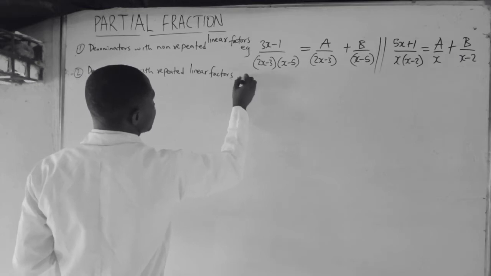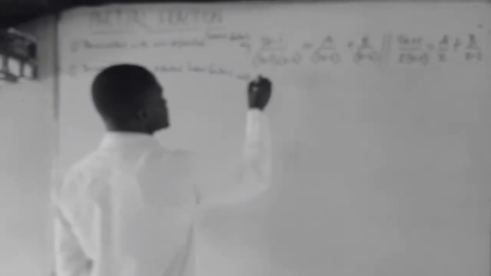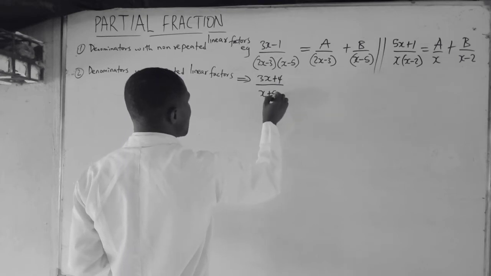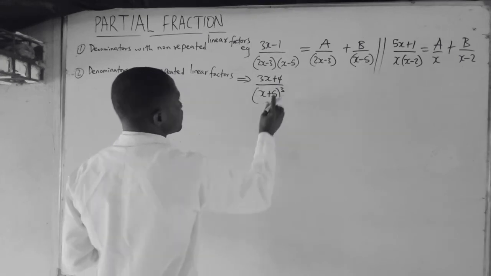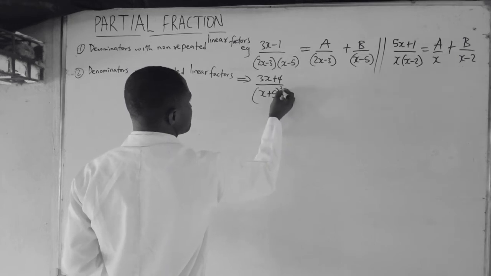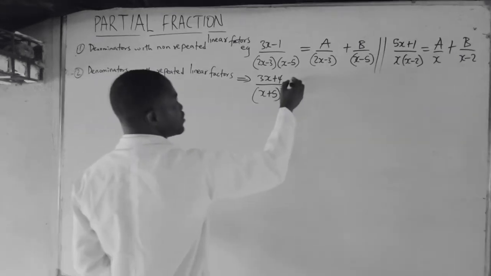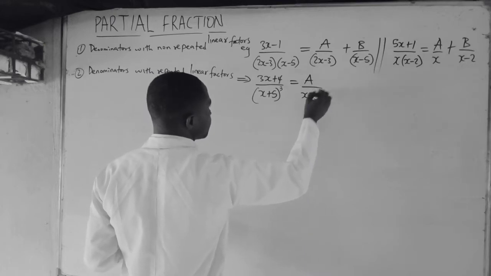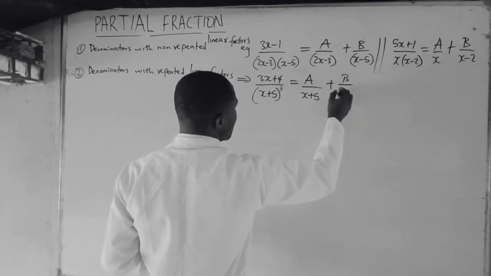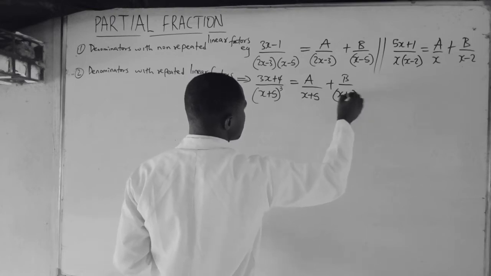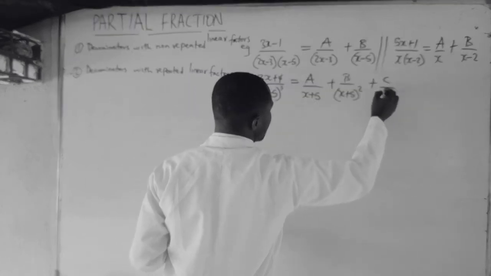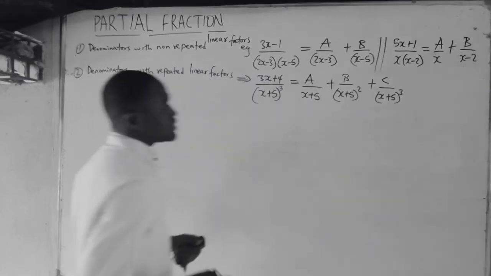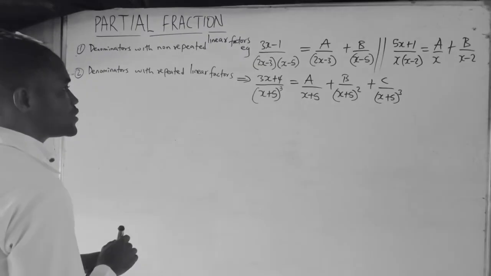Take for instance, they say (3x plus 4) over (x plus 5) raised to the power of 3. You can see the denominator is repeated. It has a power of 3. You resolve this way: A over (x plus 5) plus B over (x plus 5) squared plus C over (x plus 5) cubed. That is the typical way you can resolve it.